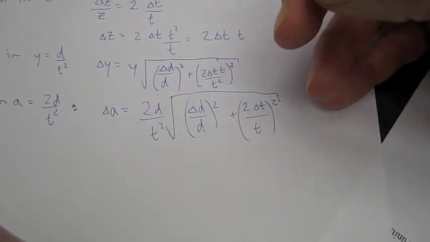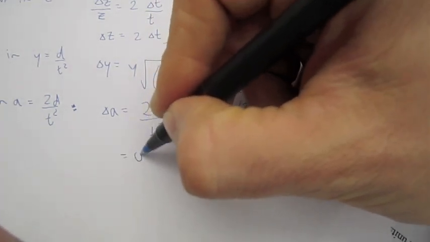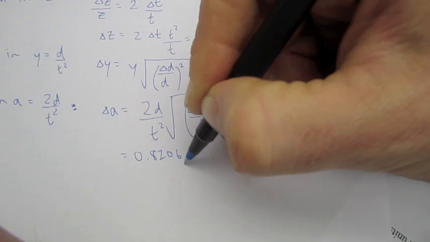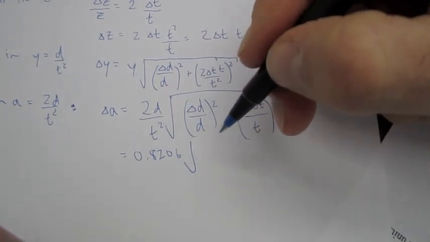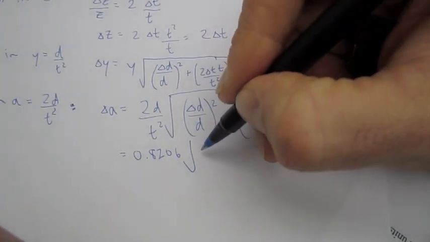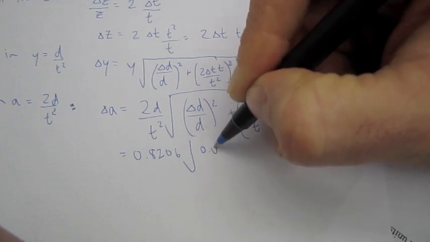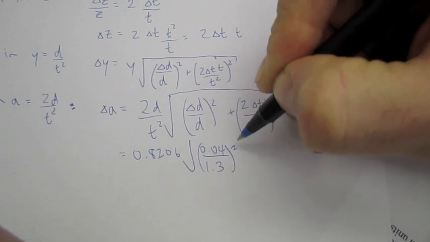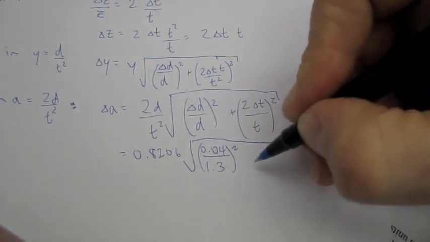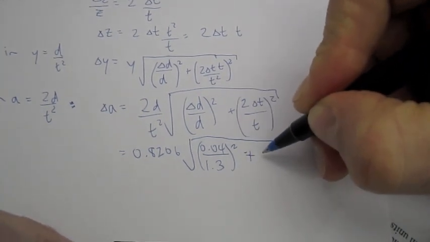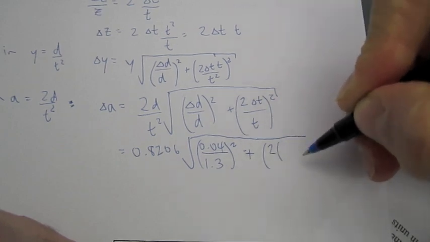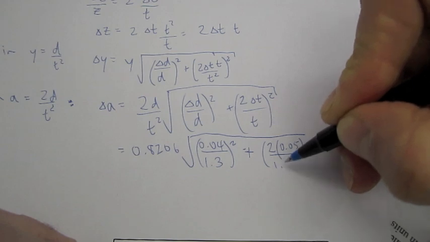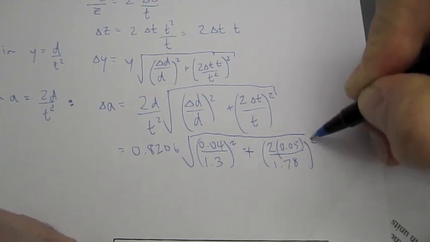Okay, so this is equal to 0.8206, that's the acceleration, times the square root of your delta d, which is 0.04, divided by 1.3, which is your d, squared, and then plus 2 times your delta t, which is the 0.05, divided by your time, which is 1.78, squared.